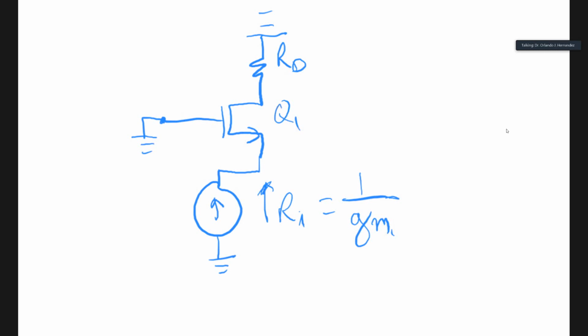We were given that gm was 5 milliamps per volt. So this is 1 over 5, which is 0.2, and we're going to get kilo ohms here. Okay. So when you're working with volts and milliamps, then the resistance is in kilo ohms.